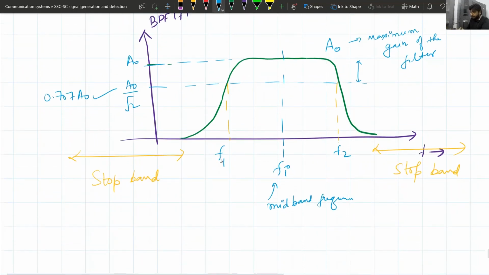Then F1 and F2 are known as the 3 decibel, or 3 dB, frequencies.